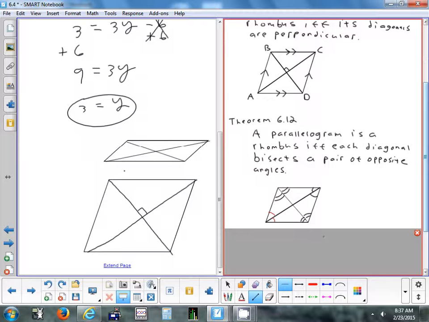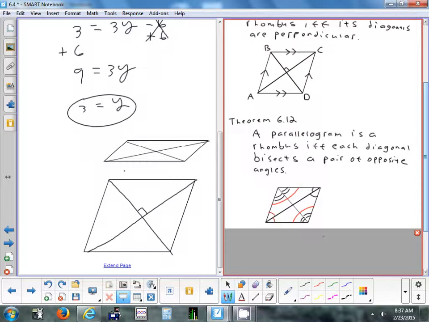Okay, another theorem about the diagonals in a rhombus. It says a parallelogram is a rhombus if and only if each diagonal bisects opposite angles. So now we're not just saying this. We already know this is true. That angle and that angle are the same.